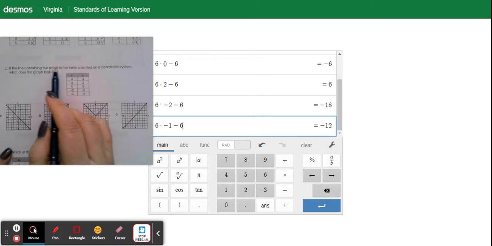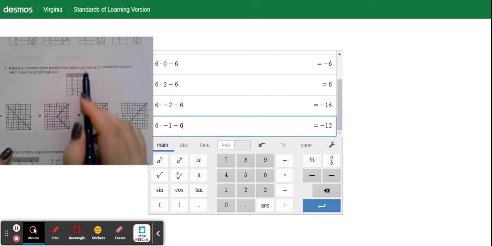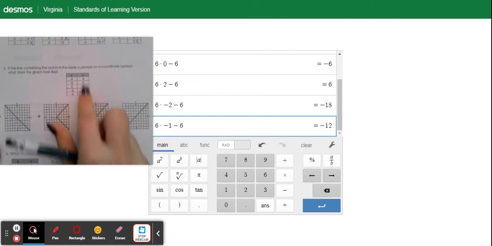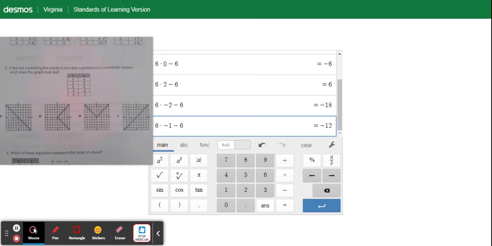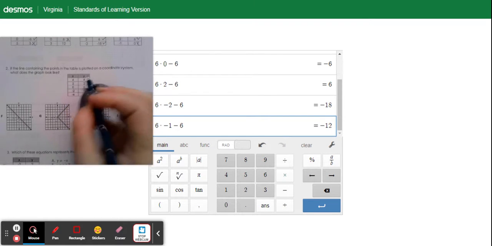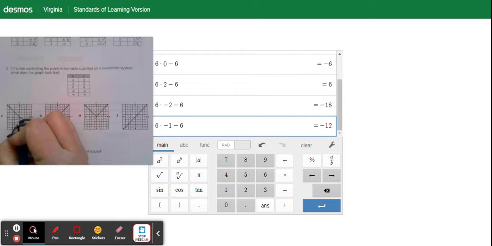If the line containing the points in the table below is plotted on the coordinate system, what does the graph look like? So we're going to take these points and plot them and see which graph matches. Okay, my first point is 4, 4. So 4 over, 4 up. This does not work.